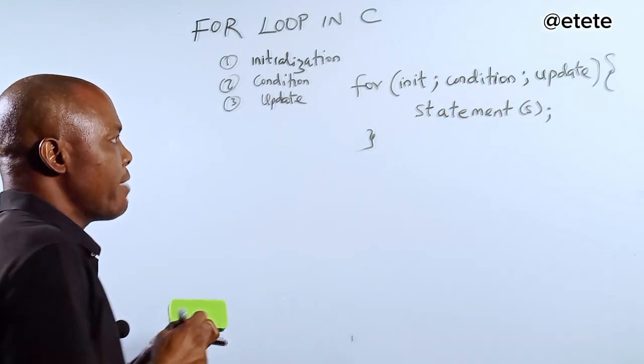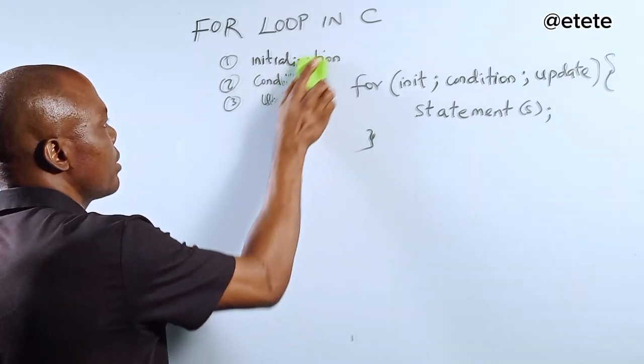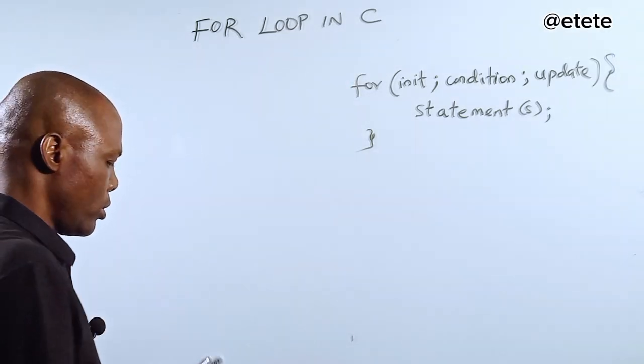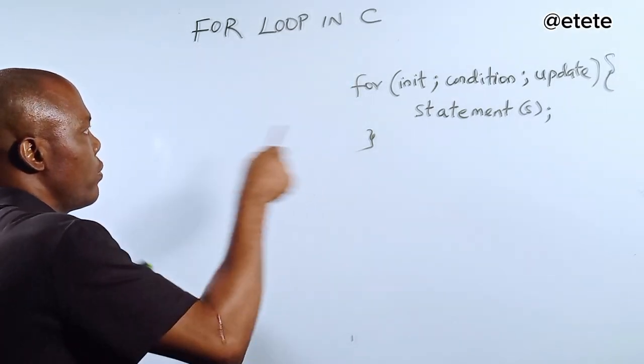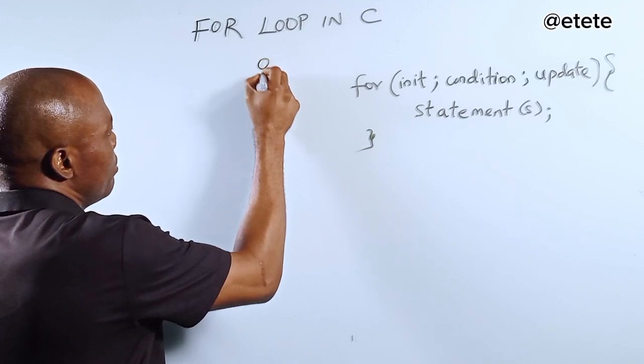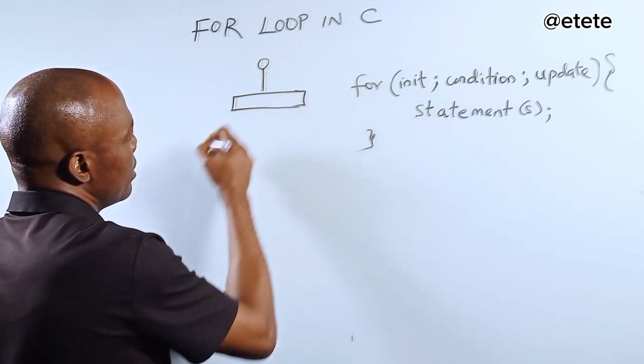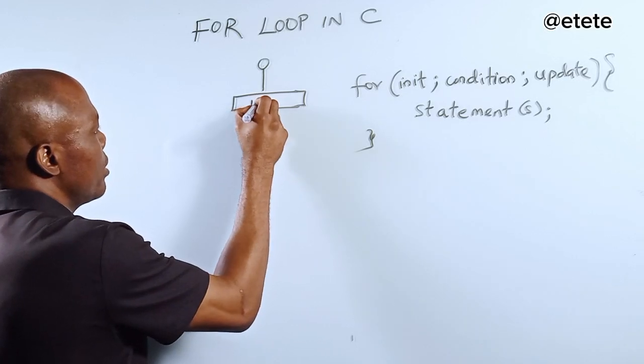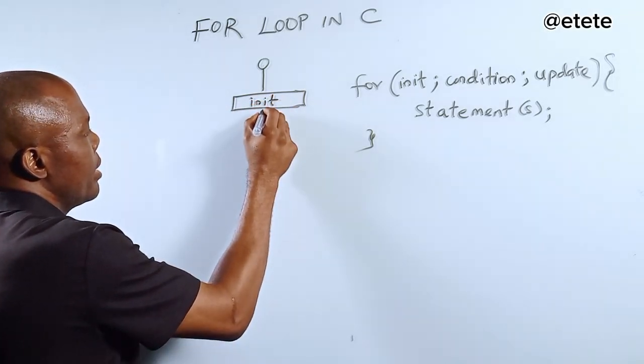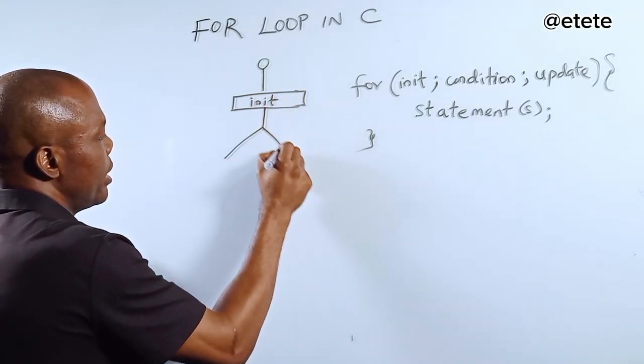Now, if I'm going to draw the flow chart for this, let me draw it here. This will be for the initialization, init. Then I will have my condition tested.